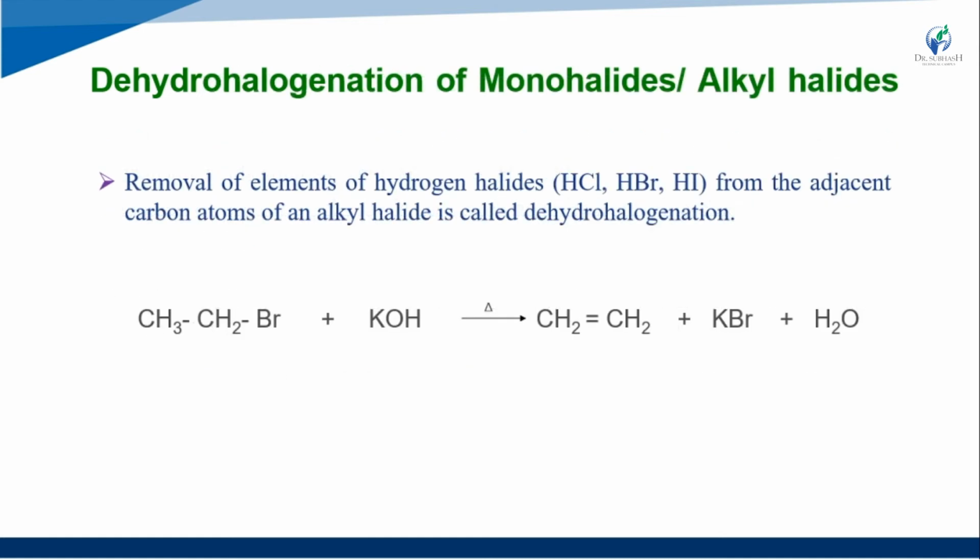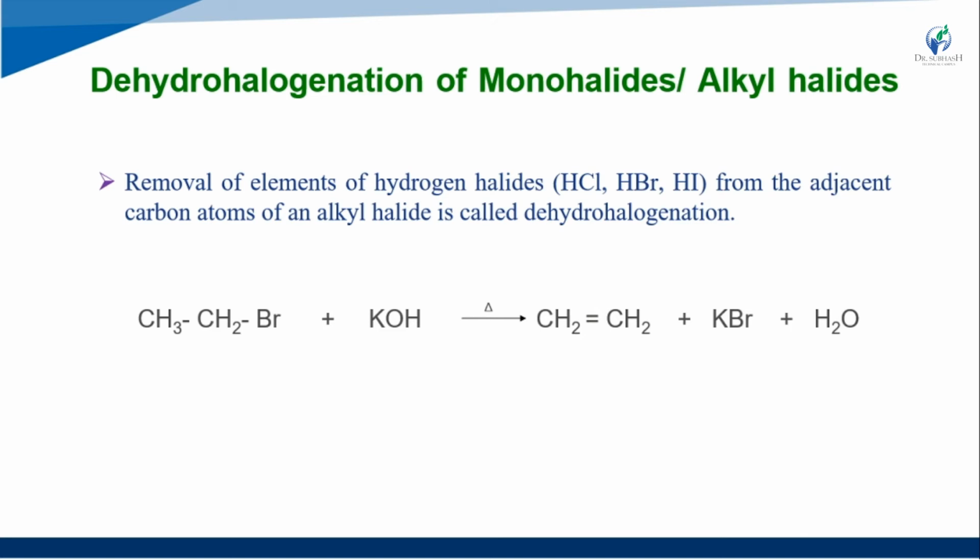Okay, the next method of preparation is dehydrohalogenation of the monohalide or alkyl halide. Removal of the elements of hydrogen halide like HCl, HBr or HI from the adjacent carbon atoms of an alkyl halide is called dehydrohalogenation.